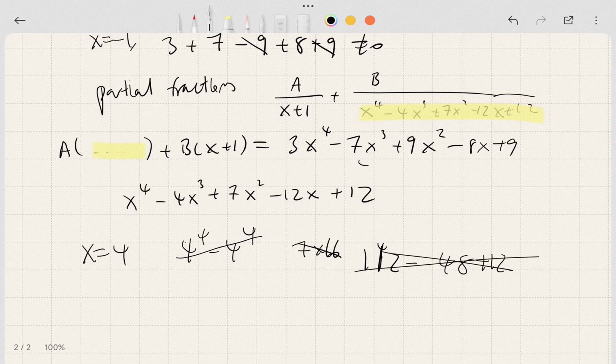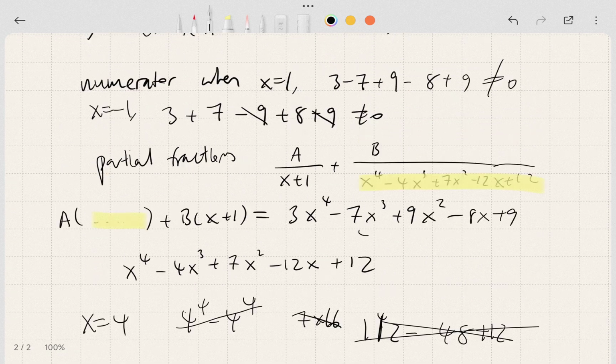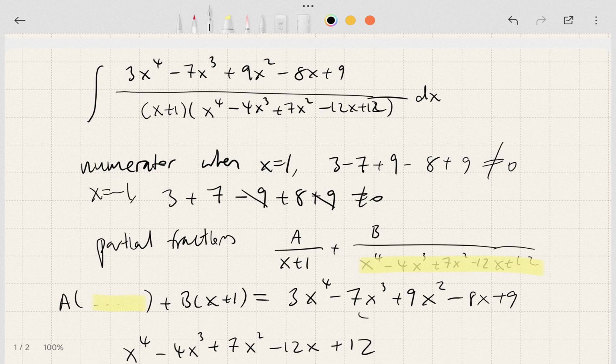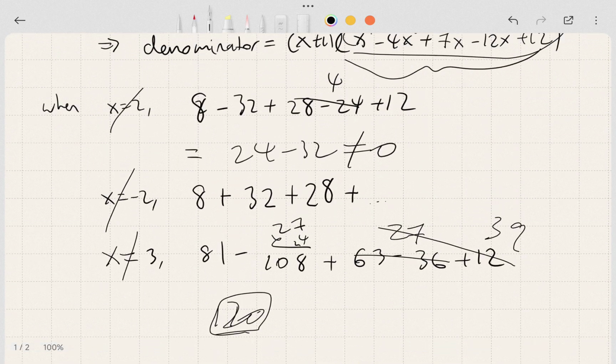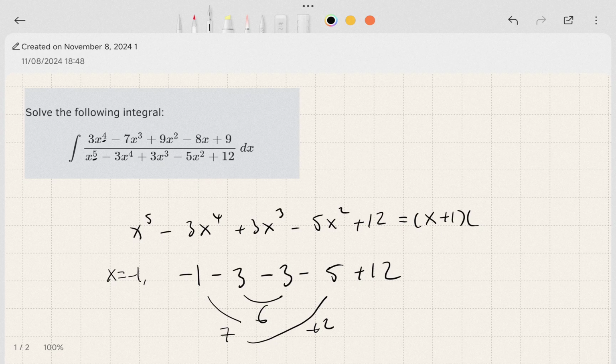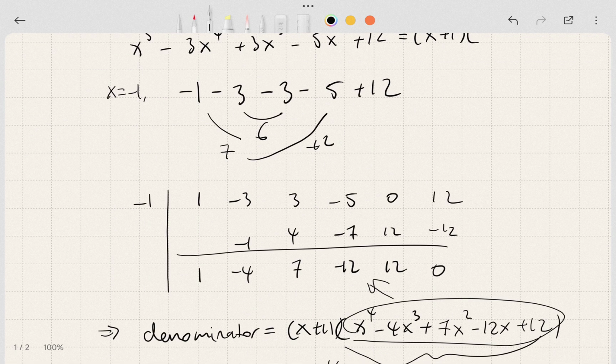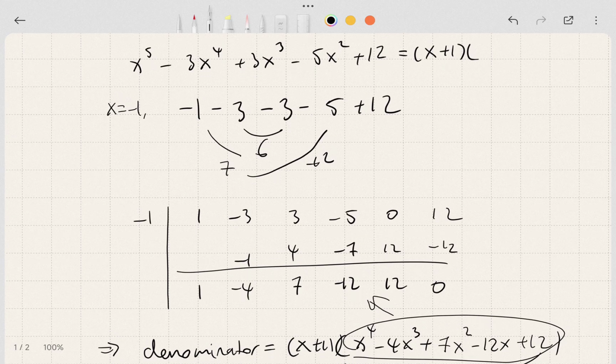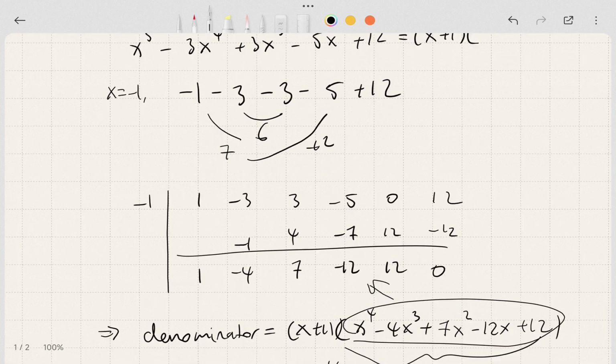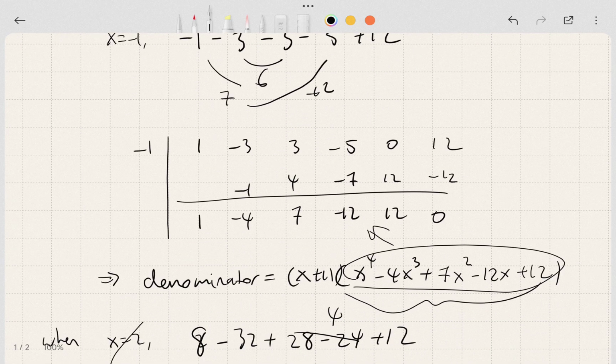So here the problem is we can't actually find a factor here. If we can't find a factor, then we won't be able to solve this integral, because we know that minus 1 is a factor, and plugging in minus 1 we're able to simplify down the equation.